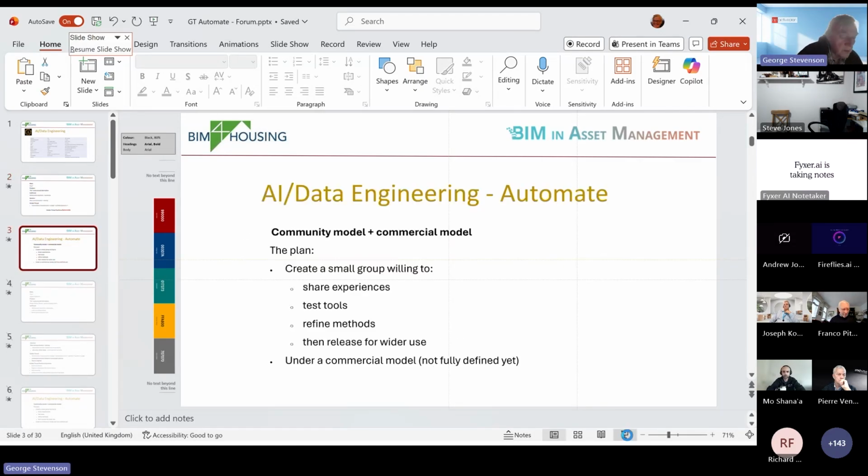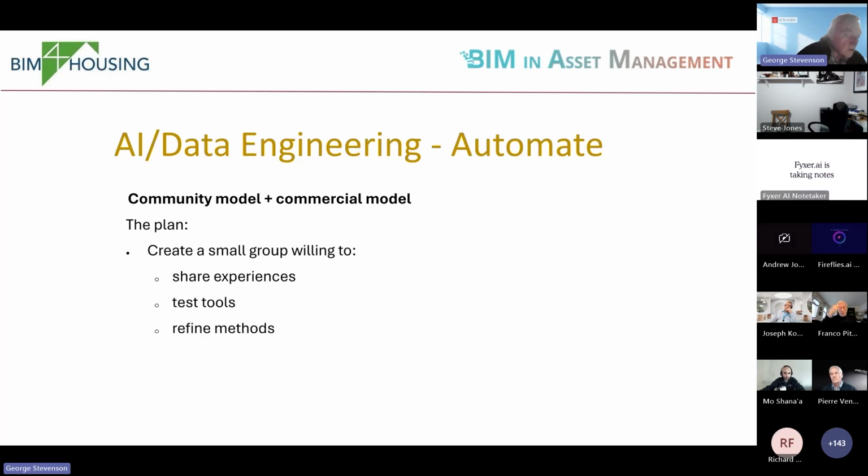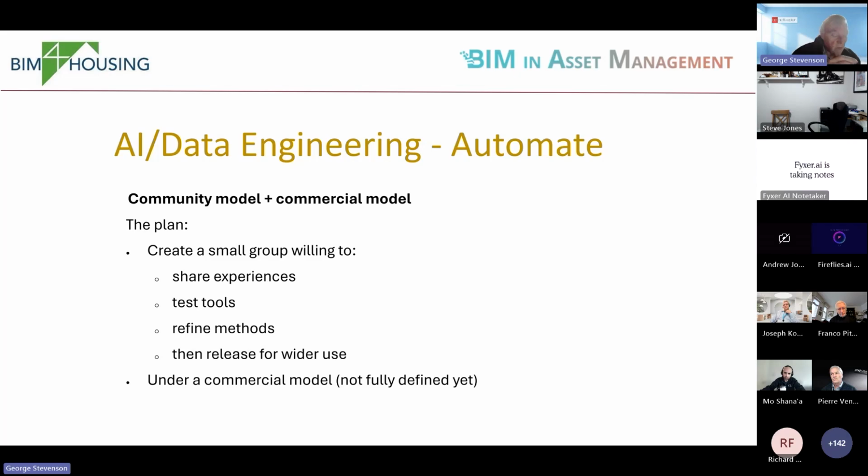The principle we're working on is to establish a community and a commercial model where a small group are willing to share experiences, test tools out, refine methods, and then release them for the wider use of the rest of the Golden Thread Task Force. We don't know yet what the commercial model is going to be, because nobody really knows how the whole technology platform is going to work.